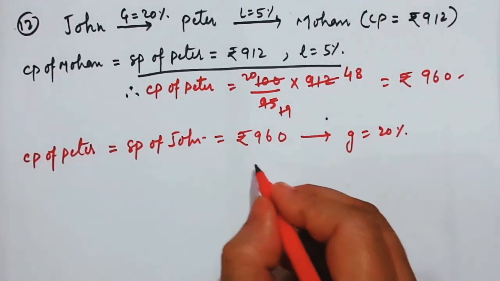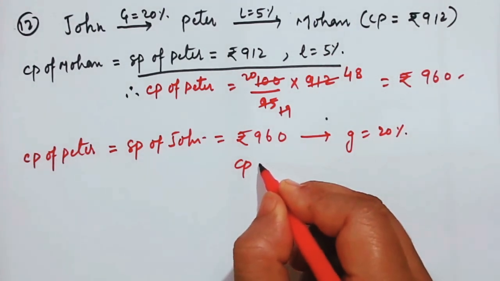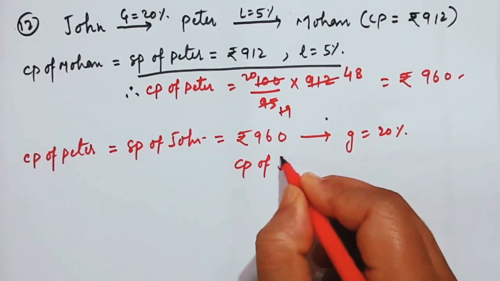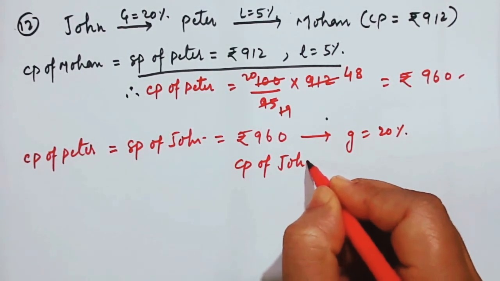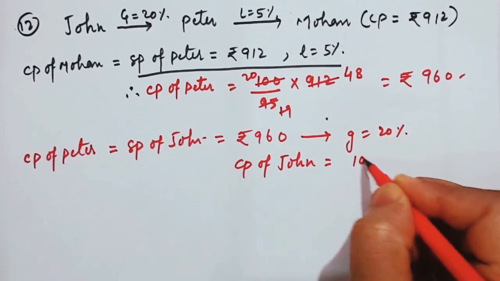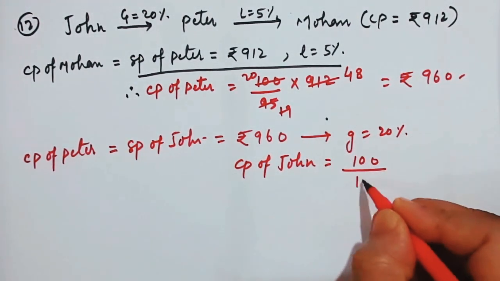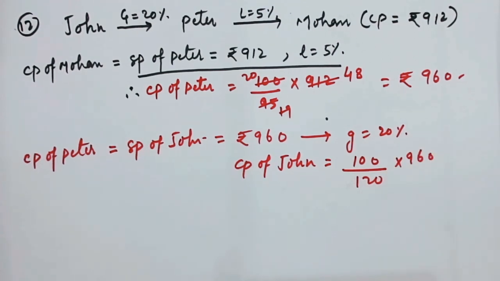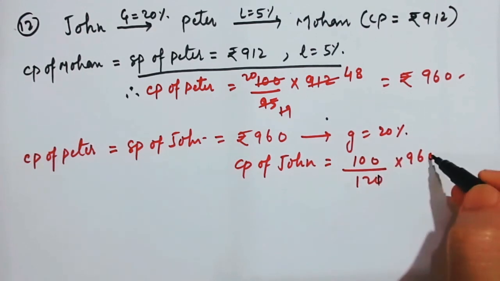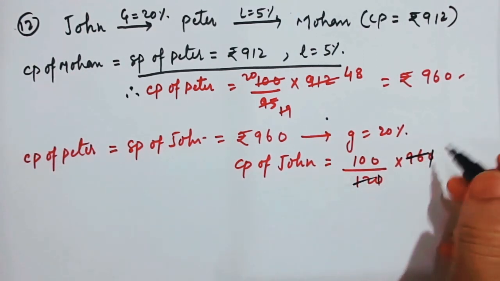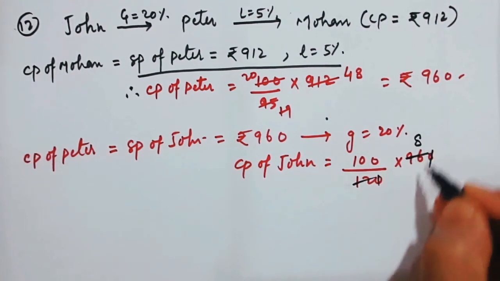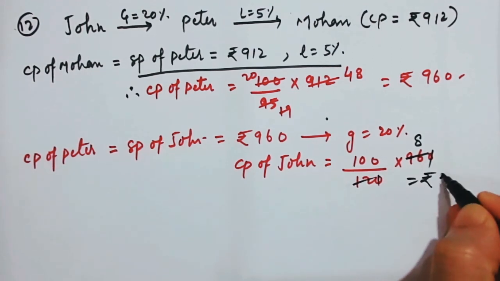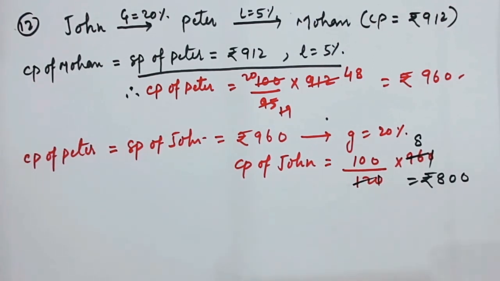So what will be the cost price? Cost price of John will be equal to the same formula, 100 by 100 plus gain, 120, times 960. That is equal to rupees 800.